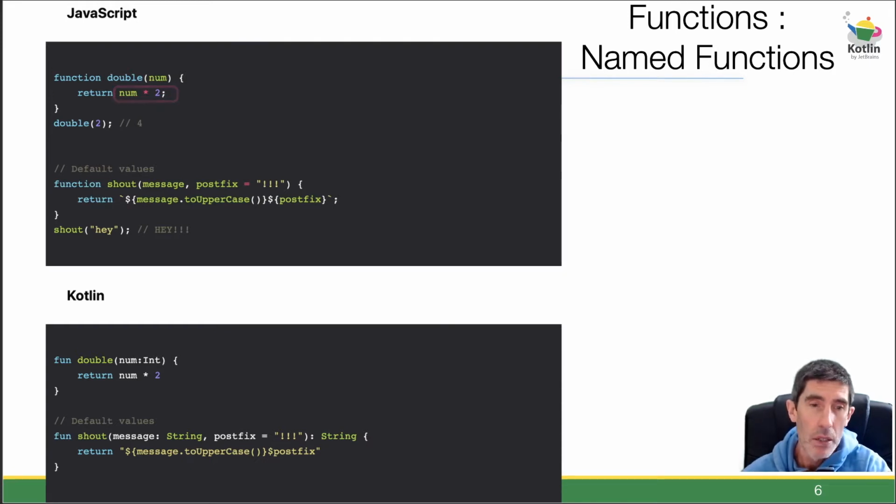Whereas down in our Kotlin we would say function double num, but we have to specify a type, so num Int, and then return num times 2. Very little difference between the two, and we would call it the same way as well. We could say double and pass in a value. We could just drop the semicolon in Kotlin.